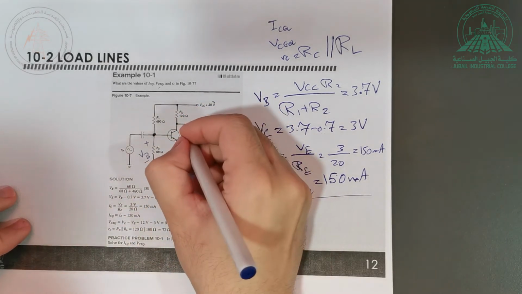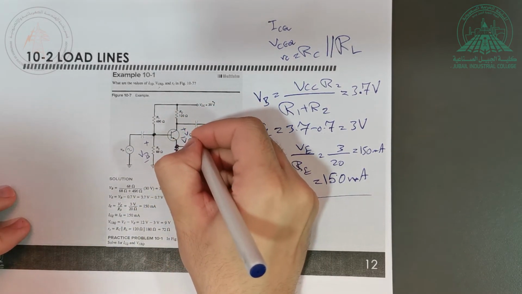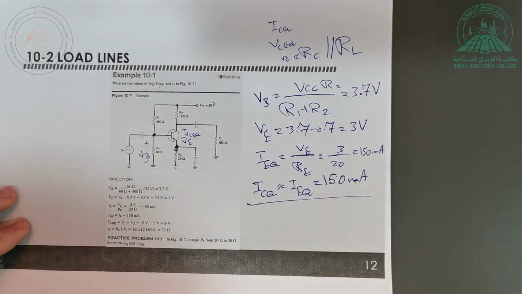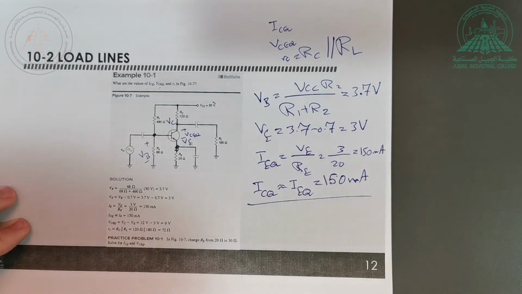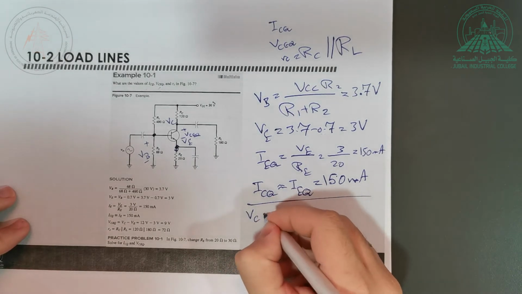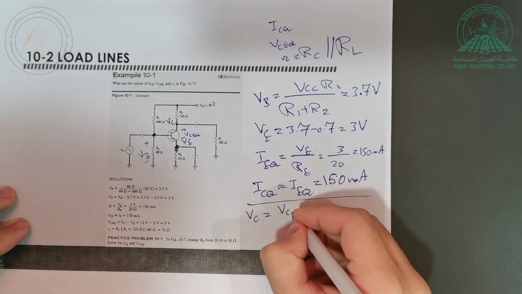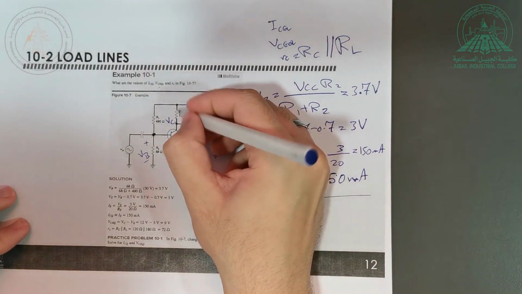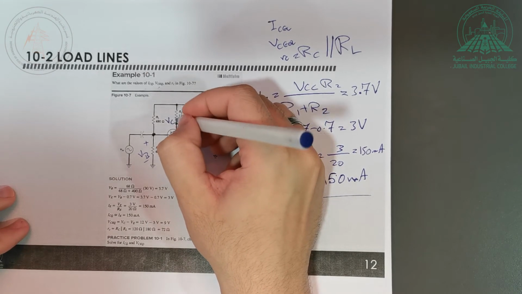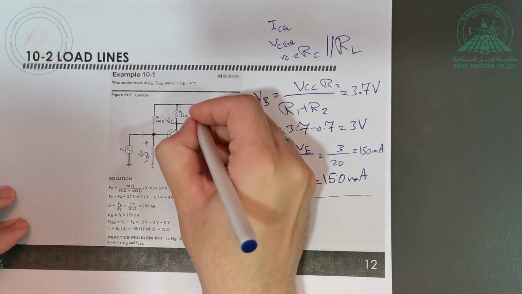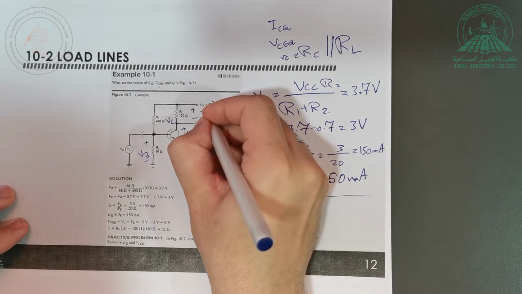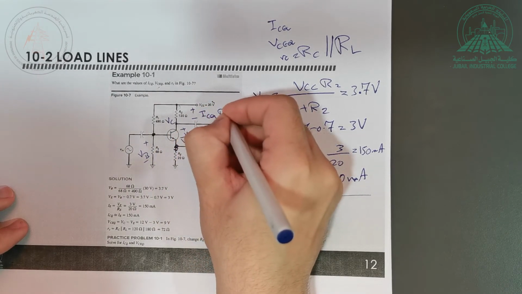Now, how do I get this voltage, VC? How do I get this voltage? VC is actually equal to VCC minus the voltage drop across RC. Remember this current, we already found it, 150. This voltage is equal to ICQ multiplied by RC.